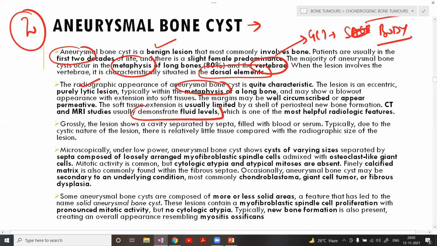Multiple hemorrhagic fluid levels are the most helpful radiological feature for a specific diagnosis of aneurysmal bone cyst. Grossly, we are going to see a lesion showing some septa, filled with blood or serum. Microscopy.